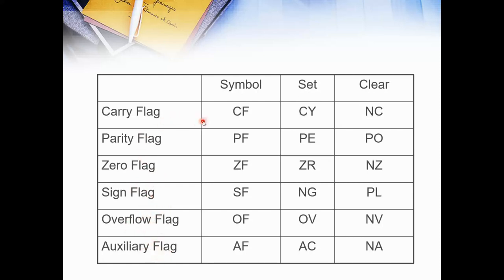Each flag will be set as 1 in a certain situation. So carry bila the set ni, maknanya the carry flag tu equals to 1. They have a certain situation whereby the carry flag will be set as 1 or the carry flag will be set as 0. Same goes to other flags.